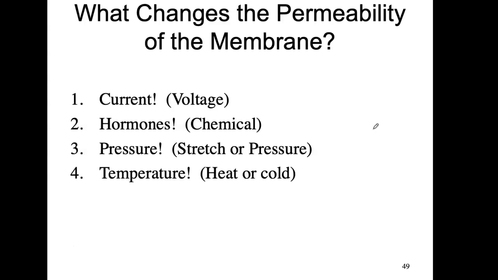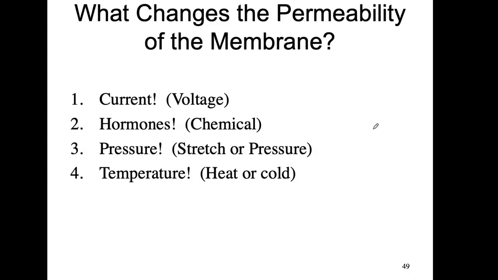And actually temperature. If there's pressure at a higher temperature, or hormones at a higher temperature, or current at a higher temperature, it is going to increase that response. So it'll aid the triggering of 1, 2, and 3, but on its own, it can also create an action potential. When your temperature starts to rise, what do you do?